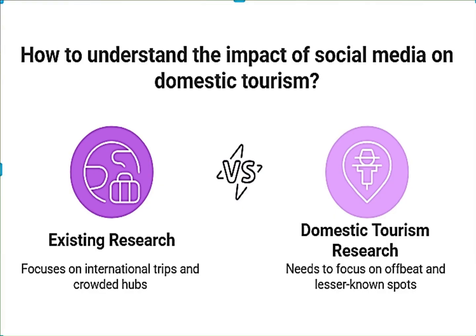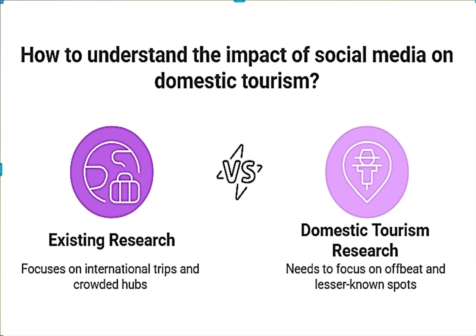Research problem. Even though we see social media and influencers totally shaping how people travel these days, there is a huge gap in understanding how this actually impacts domestic tourism, especially those offbeat, lesser known spots. If you look at the existing research, it's mostly focused on international trips or the big, crowded tourist hubs.